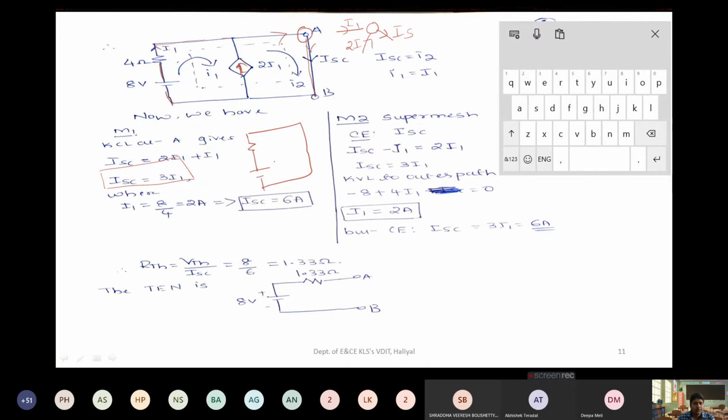If you use it in the short circuit equation, I short circuit is equal to 6 amperes. With this, you can arrive at RTH also, that is VTH upon I short circuit.